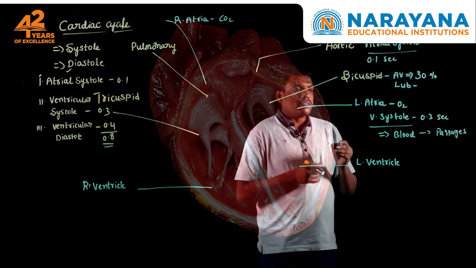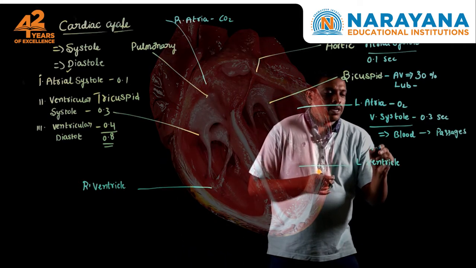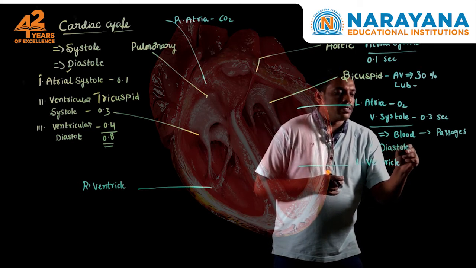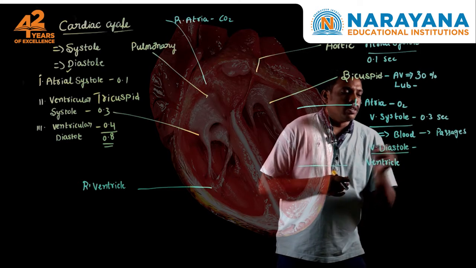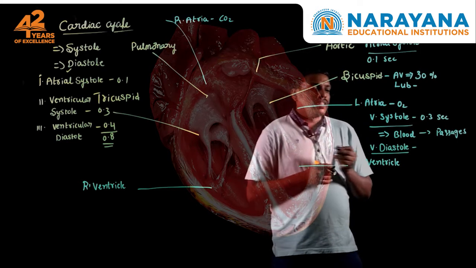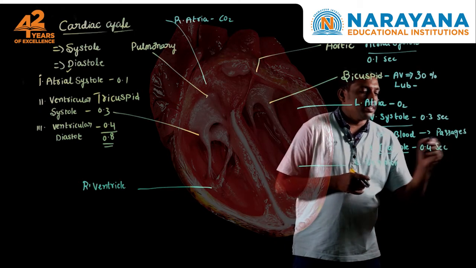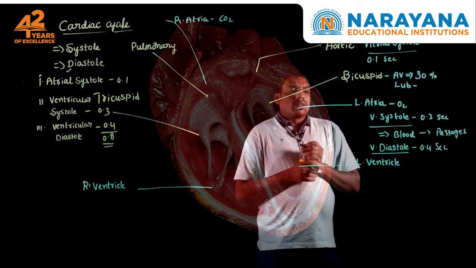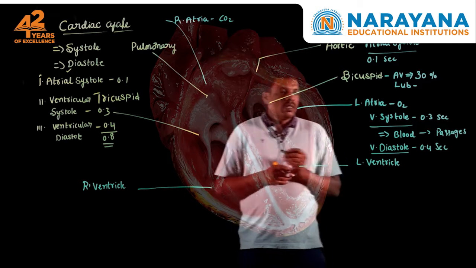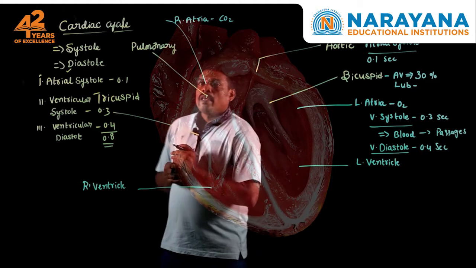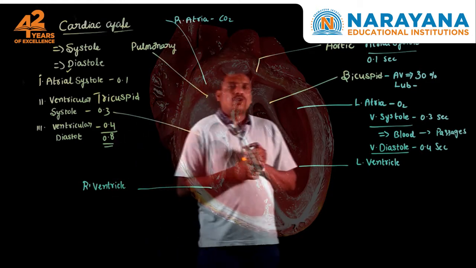Now, after ventricular systole, ventricular diastole occurs, which means the relaxation phase of the ventricles is called ventricular diastole. During ventricular diastole, time taken is 0.4 seconds. What will happen? Slowly, ventricular pressure is going to fall.